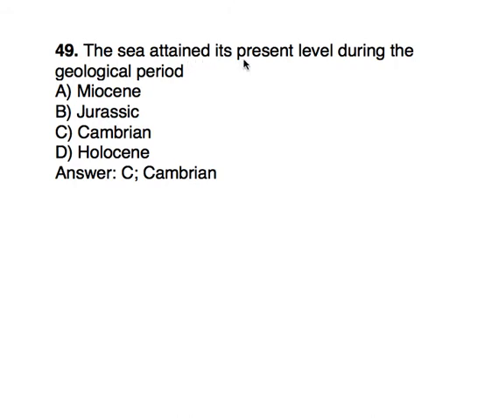The sea attained its present level during the geological period. There are 4 periods given and the correct answer is Cambrian. But I have doubts on these answers, but if you find any satisfactory answer then let me know. But as per now we considered Cambrian is the correct answer for the sea attaining its present level during the geological period.